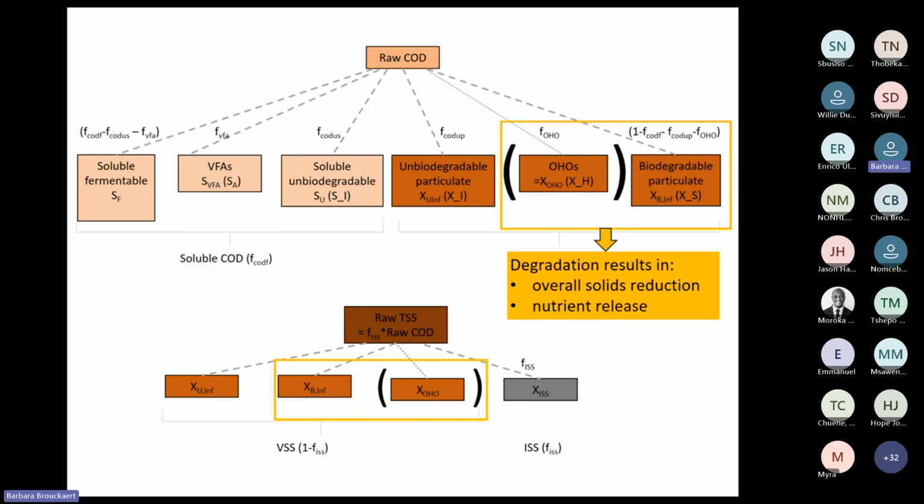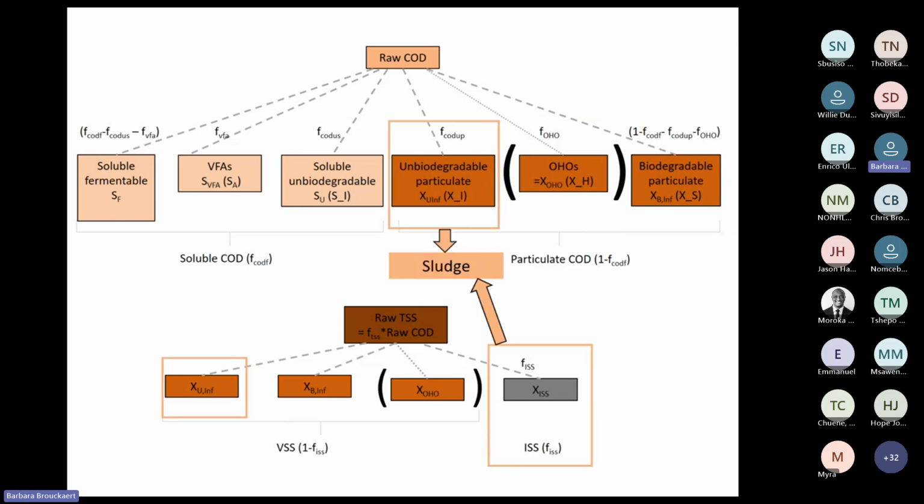The biodegradable particulate is the part which degrades, resulting in the solids reduction that you see in the treatment plant. When it degrades, it also releases nutrients. And then the unbiodegradable particulate, both the organic and the inorganic part, just accumulates in the sludge. So it affects your mixed liquor suspended solids and also your overall sludge production.